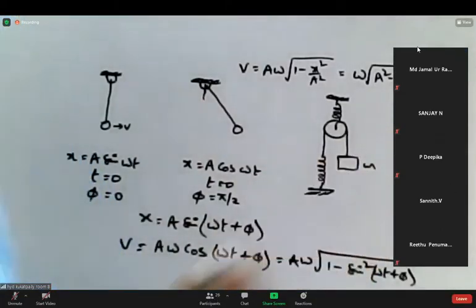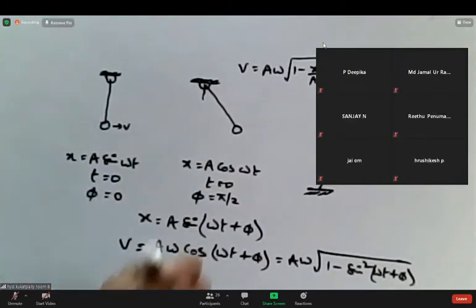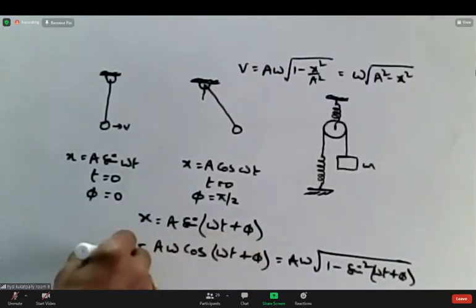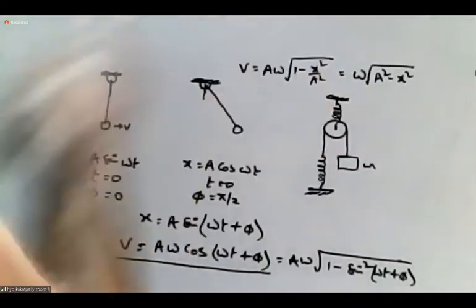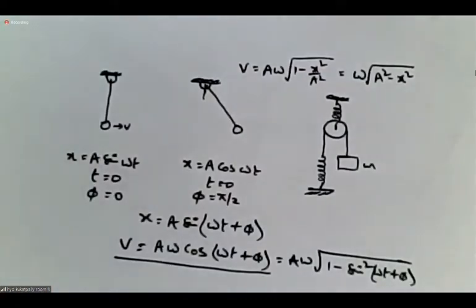Maximum velocity for a particle making SHM, from this expression also you can write x equal to 0, velocity maximum a omega.